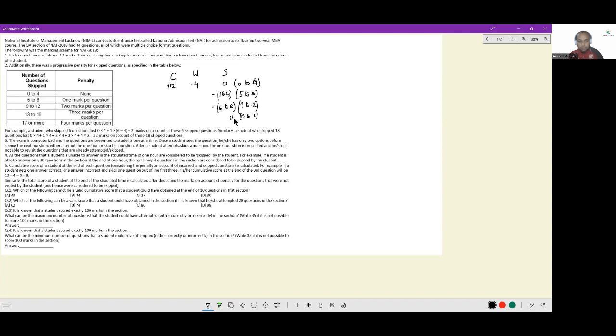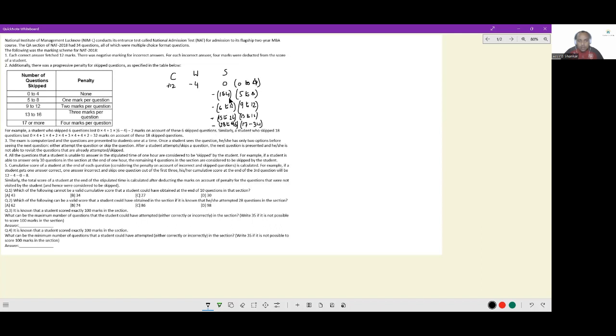So 24, minus 15 to minus 24. And then 17 to 34 skipped questions, 18 more. 18 into 4 is 72. So you get to 96 in the worst case and 28 in the best case in this range.